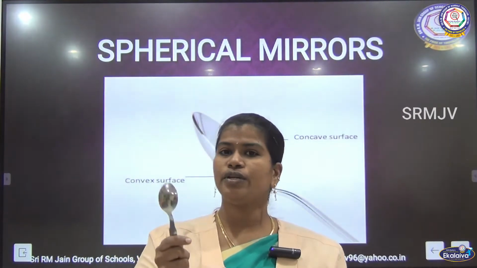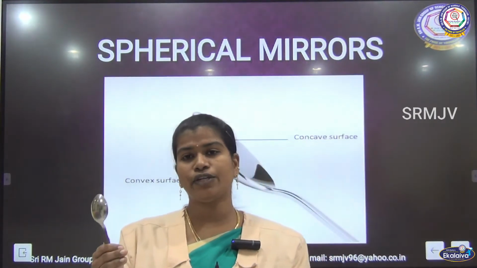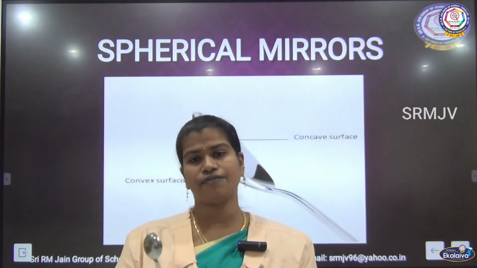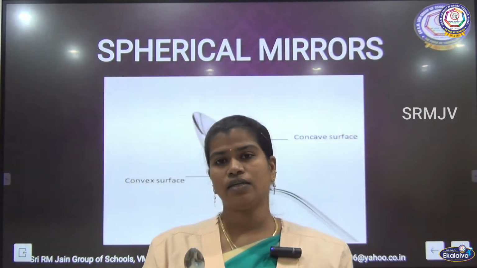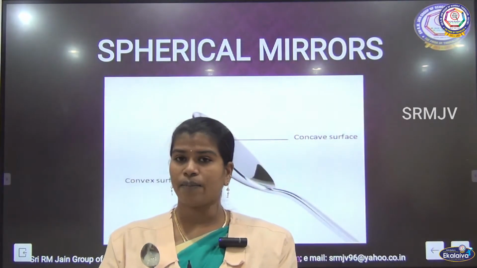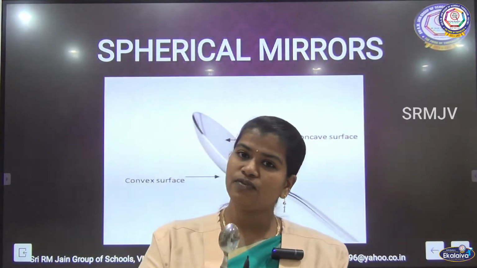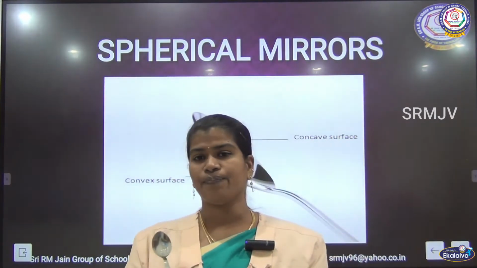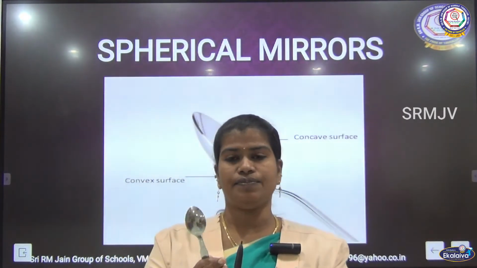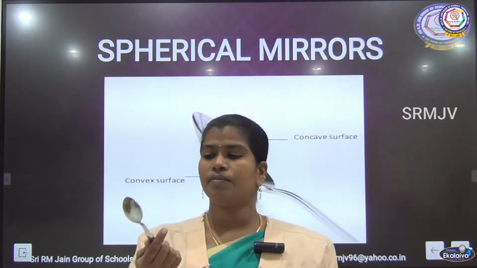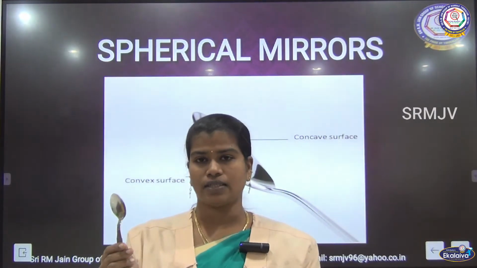When you see your image in the curved surface, how does it look? Whether it is smaller or bigger, whether it is upright or inverted, just see. And do the same activity by turning the spoon to the other side.